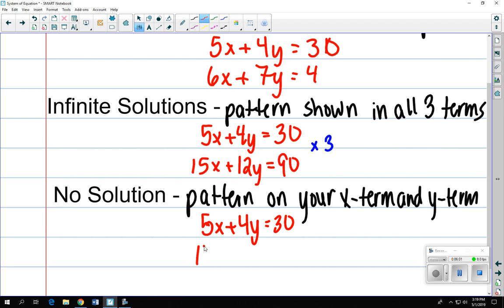And then I'm going to write 10x plus 8y is equal to 9. If you notice on the x and y terms, I multiplied it by 2 to get to my second equation. This is the pattern we are looking for. This means that they are going to have the same slope, but they're going to have a different y-intercept. These lines become parallel, which means that there will be no solution.